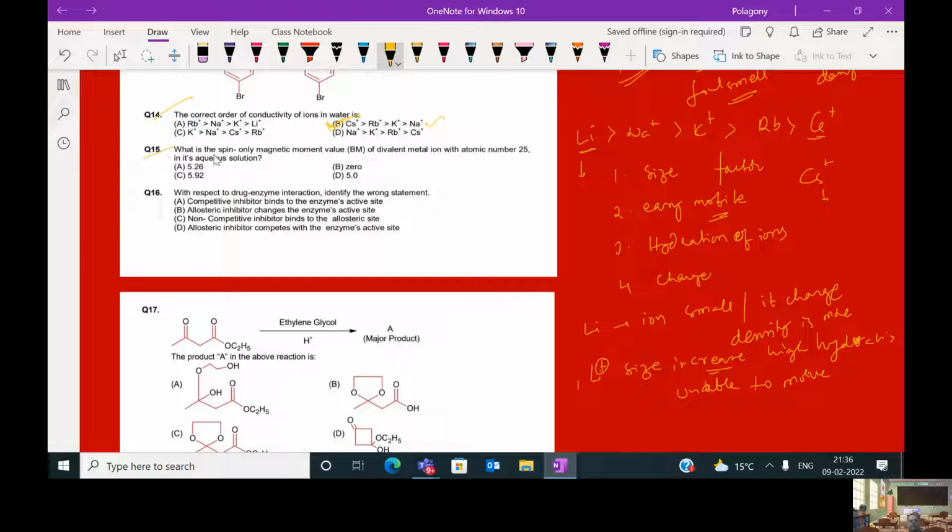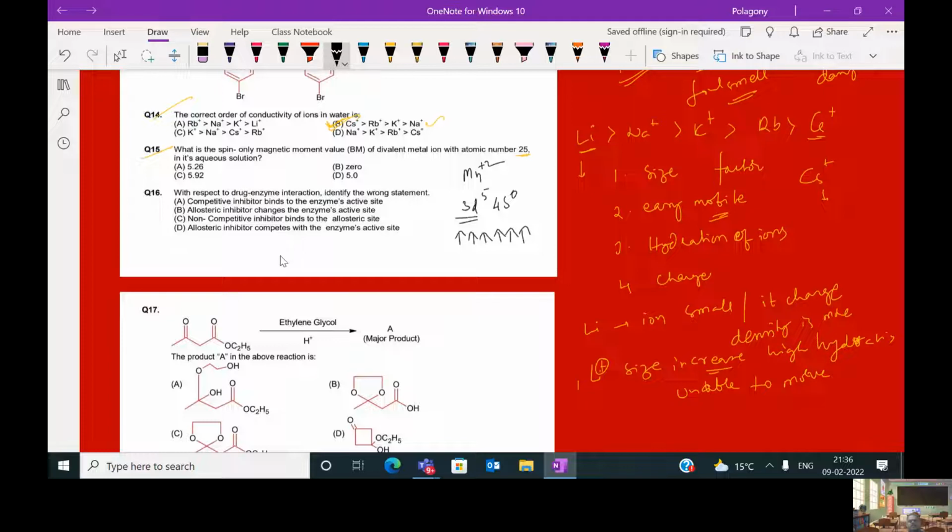15th question: what is the spin-only magnetic moment value in BM of the divalent metal ion with atomic number 25? Atomic number 25 is manganese. Divalent means Mn+2. The Mn+2 configuration is 3d5 4s0. So how many unpaired electrons are present in the d orbital? 5 unpaired electrons. What is the formula?